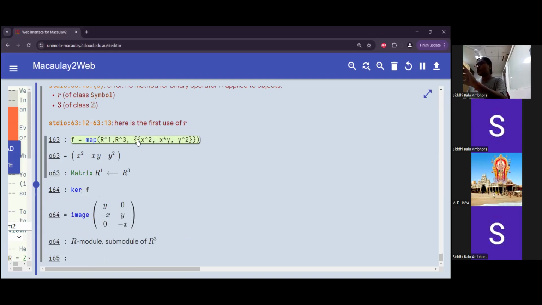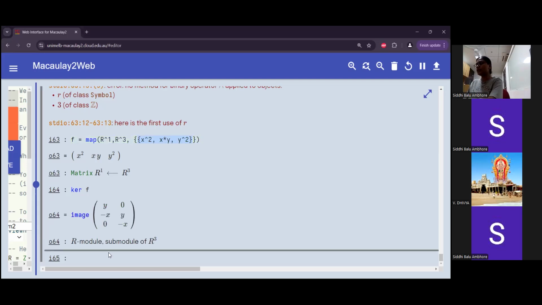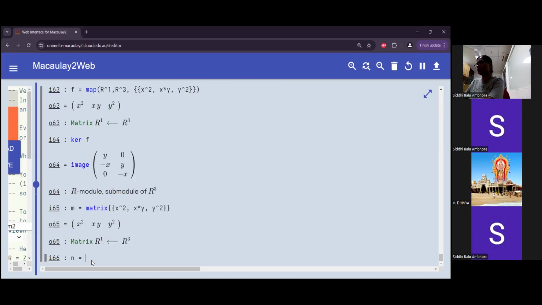Okay, but instead of this, there is also one other way to define or directly calculate a kernel. So if I define this M to be this matrix, okay, and N to be the image of this matrix.